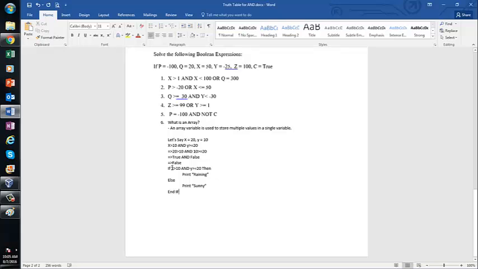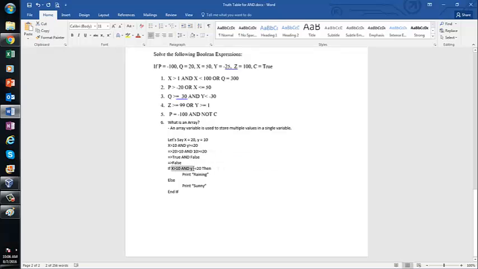Now we have already solved this Boolean expression. What is the value of that Boolean expression? It is false. So if this condition is true, then this block will be executed.